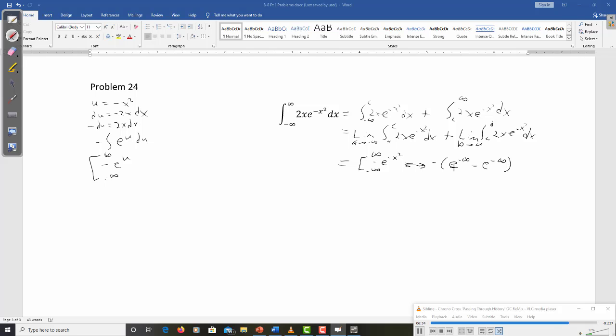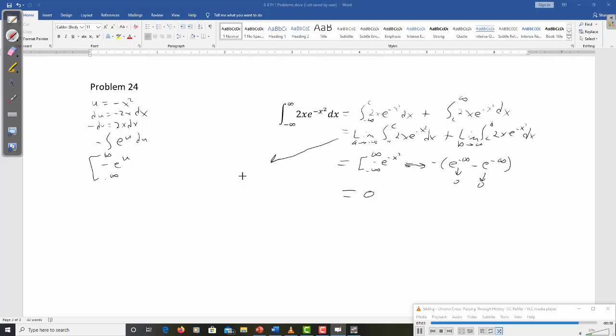The denominator is getting larger and larger, and the top is staying 1, so this would go to 0, this would go to 0, and 0 minus 0 is 0. So this is indeed going to 0. Again, that's not a great notation because you can't really plug in infinity.